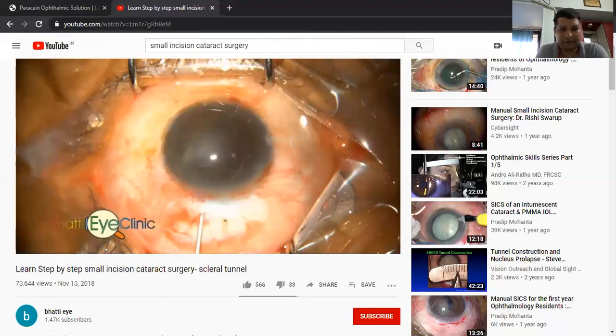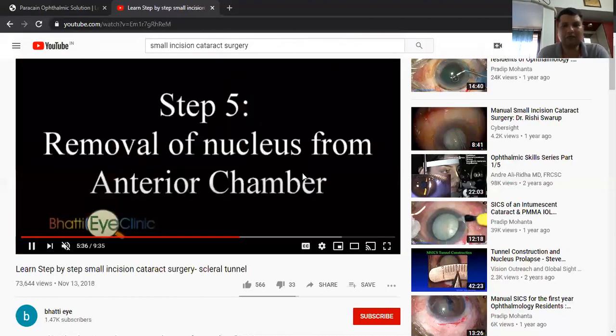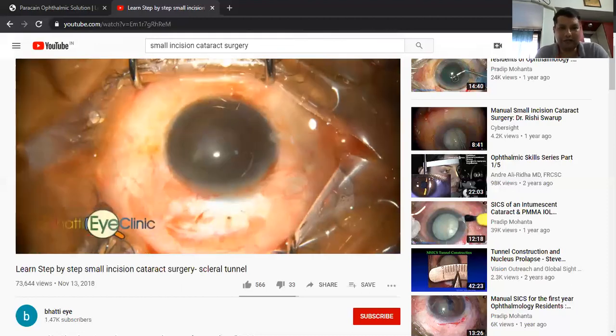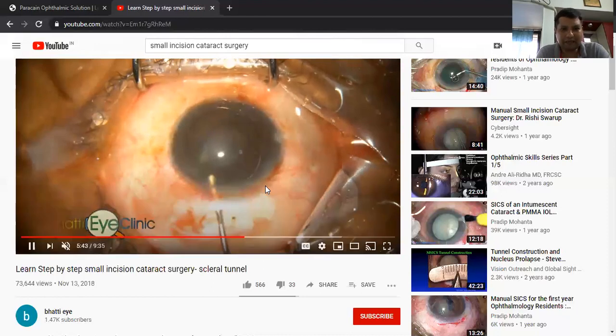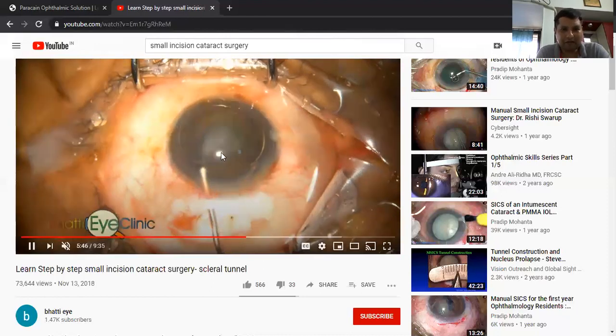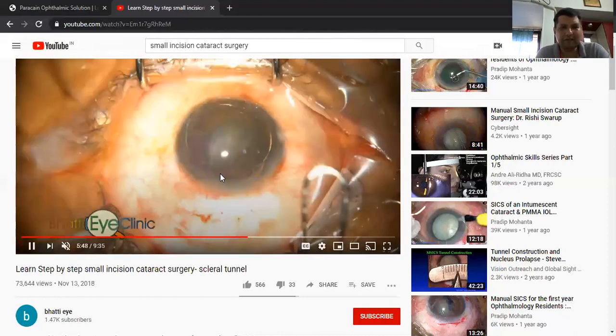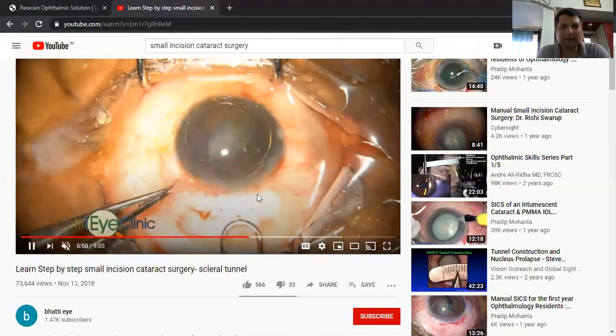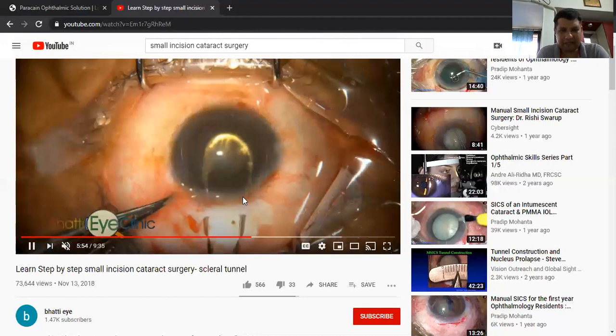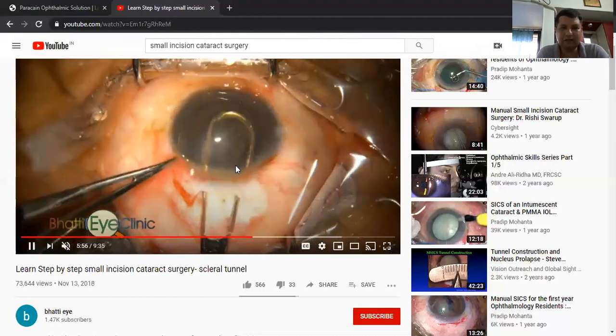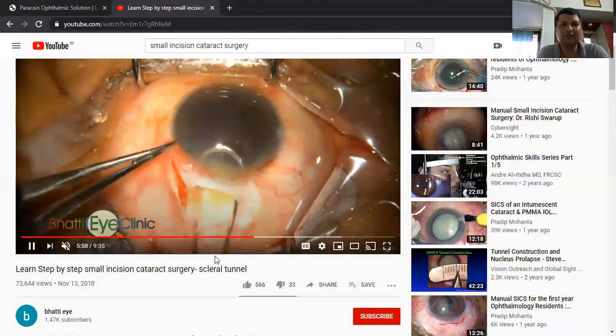You can see that we have to prolapse the nucleus completely into the anterior chamber, then we can inject viscoelastic substance beneath the nucleus, and there are various techniques, but this is one of the techniques where we are inserting wire vectis beneath the nucleus and we are taking out the nucleus.